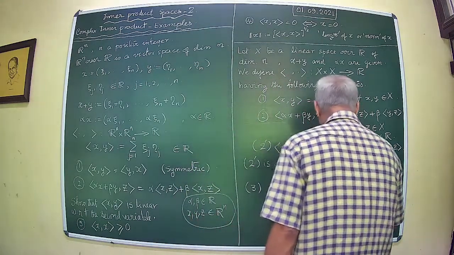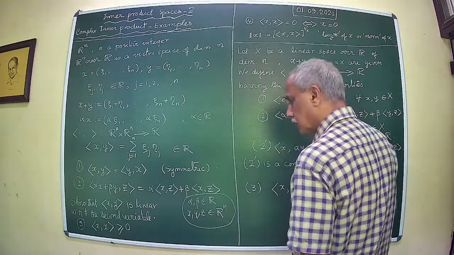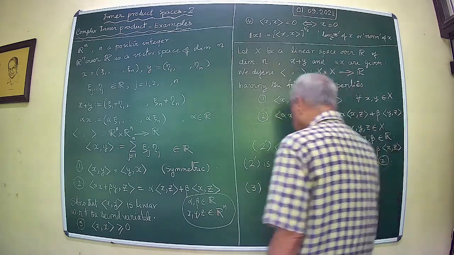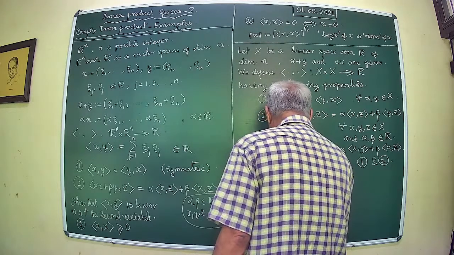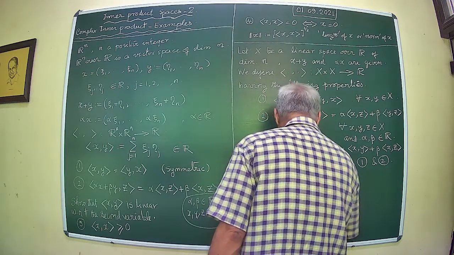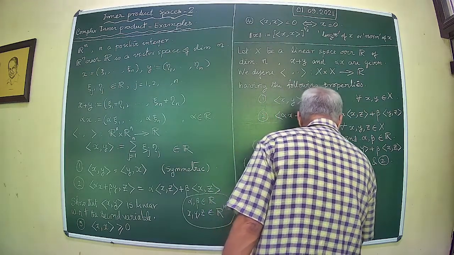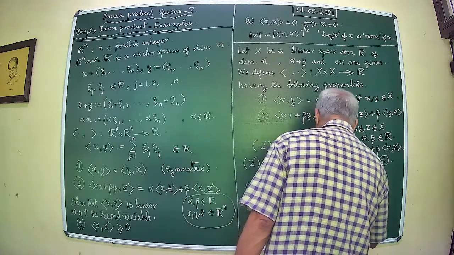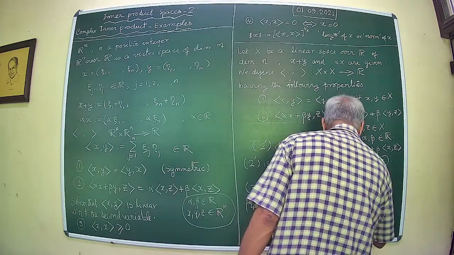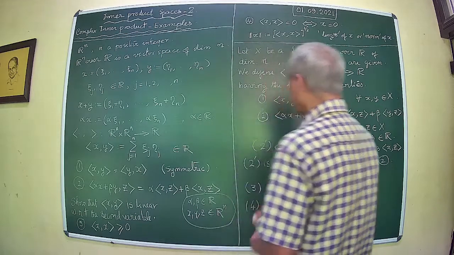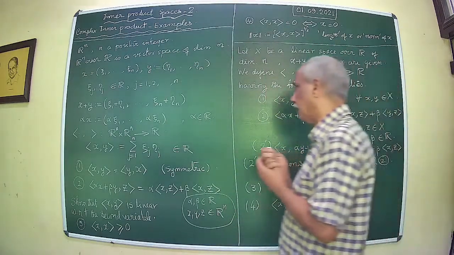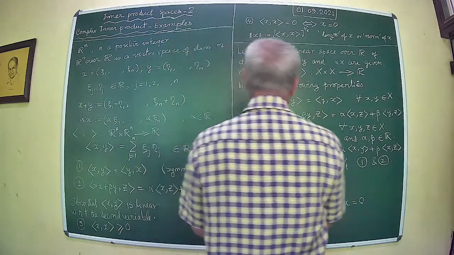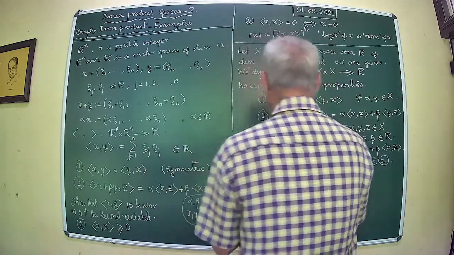Then we have the third property, namely, and probably the fourth property, if and only if. Suppose you have such a function defined from x cross x to R, then this we call the inner product.